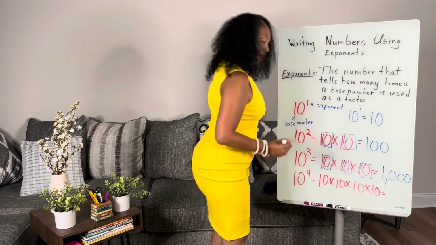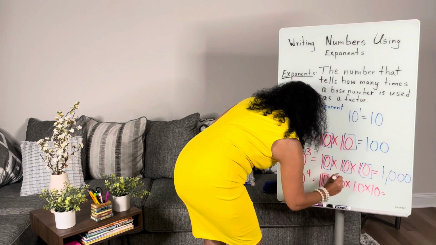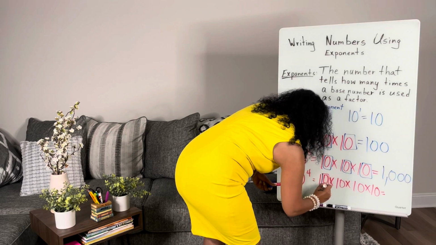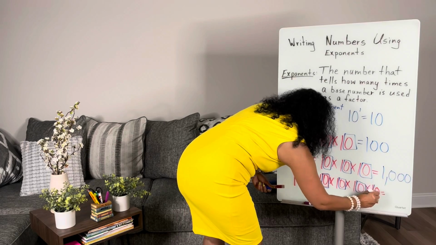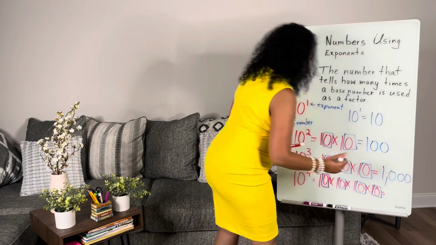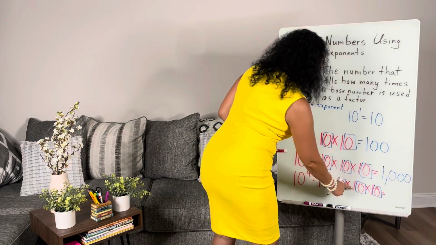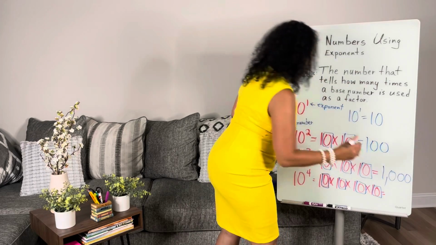Equals, how many times should we box our zeros? But let me use the blue so we can see it for sure. 1, 2, 3, 4. So 1 times 1 equals 1. 1 times 1 equals 1. 1 times 1 equals 1.